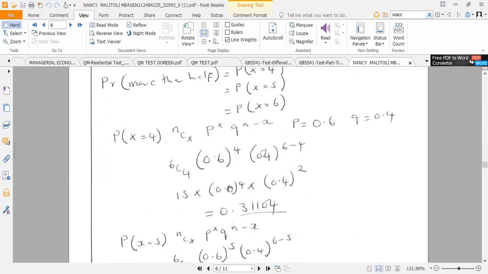When we're finding the probability that x is equal to 4, it's raised to power 2. Yes, how do I know it should be raised to power 2, or what power it should be raised to?